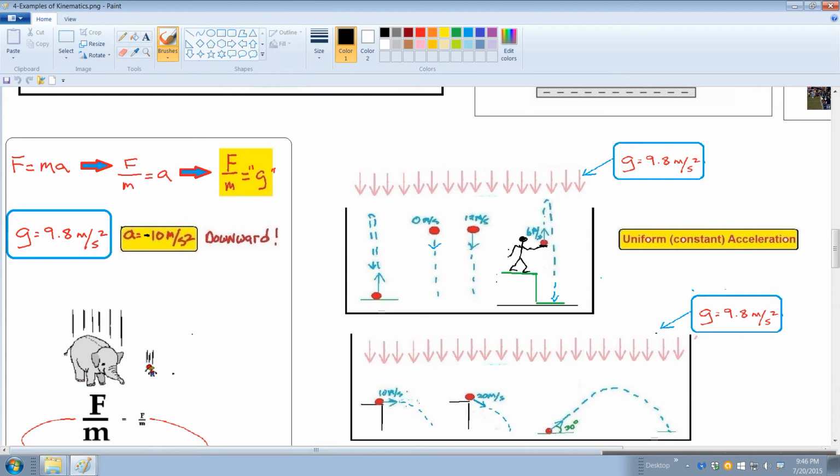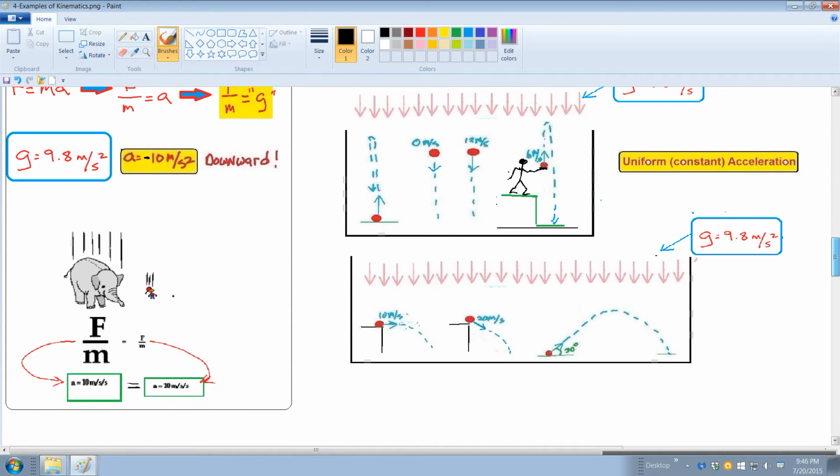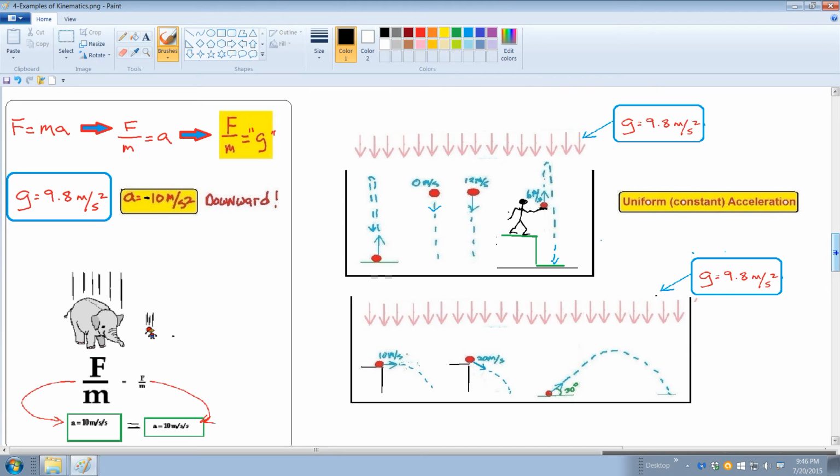One more point about the g force is that it doesn't matter whether you have the mass of a little mouse or the mass of an elephant. The g force is the same, because as you look at these two, F over m, remember F equals ma, we rearrange it. F over m is equal to a, but we said that a is equal to g at the surface of the Earth, and even quite a bit above it, and that g is equal to this.